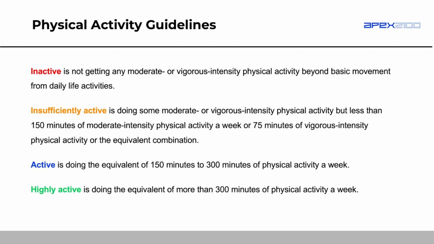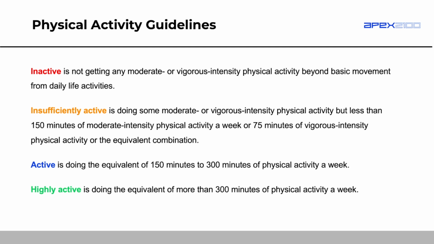And that's the guideline for adults. Remember, 150 minutes of moderate or 75 minutes of vigorous. Active is meeting the guidelines up to 300 minutes. So it's the equivalent of 150 minutes to 300 minutes of physical activity per week. And then highly active is when you're doing more than 300 minutes of physical activity per week.